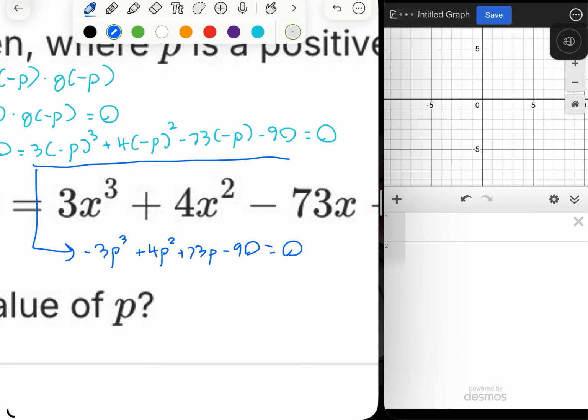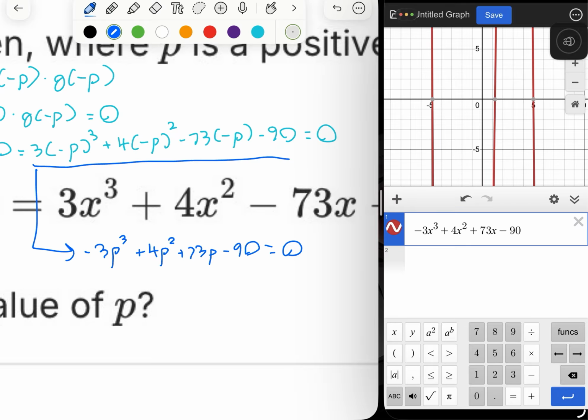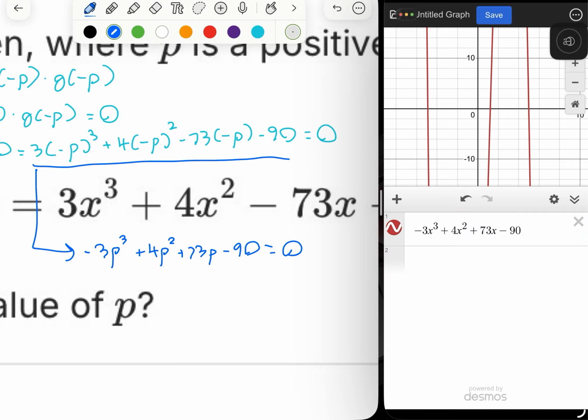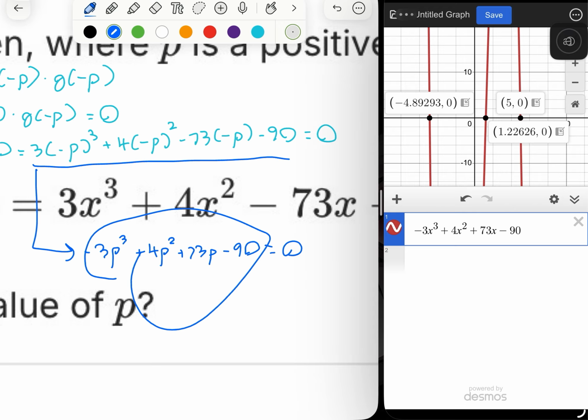And now what you can do is plug that into Desmos. And instead of using p here, I'm going to use x, because Desmos doesn't like that you include constants, like letters other than x and y. So here we have negative 3x cubed plus 4x squared plus 73x minus 90, right? And what you'll realize is that this graph crosses the x-axis 3 times, which means there are 3 points where, if you plug in x into this, you get 0.